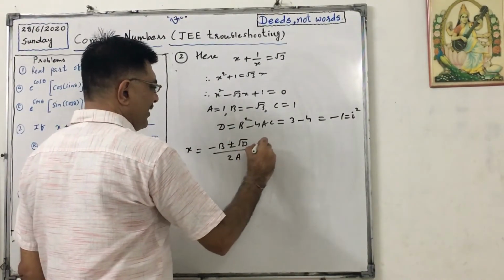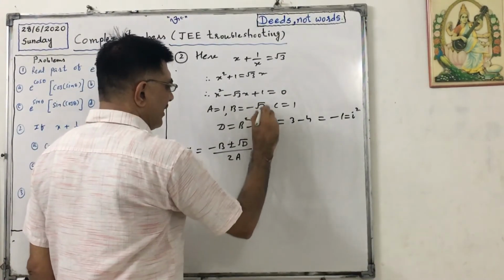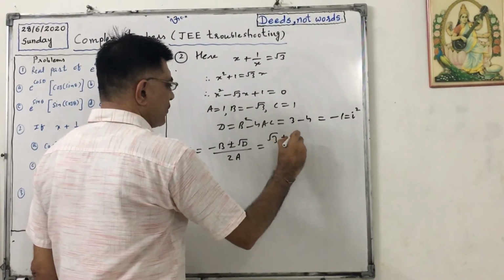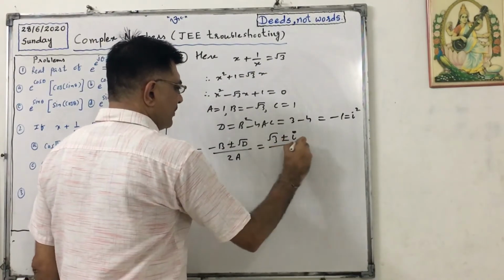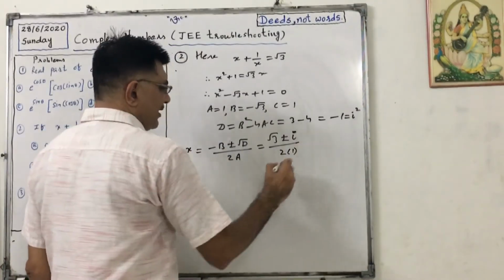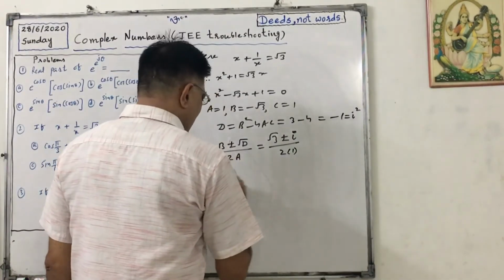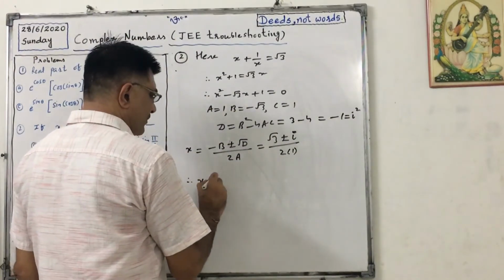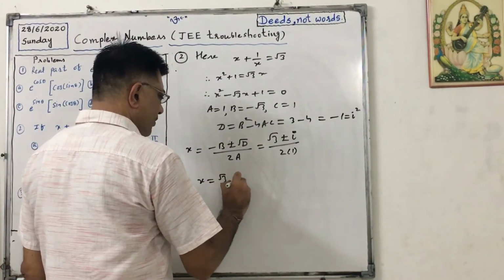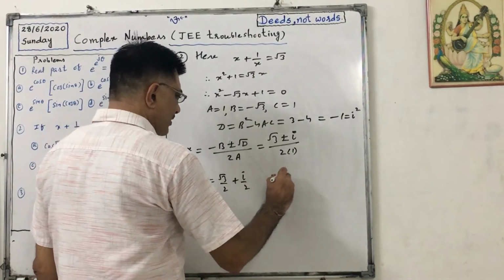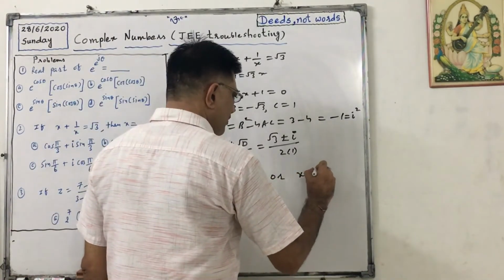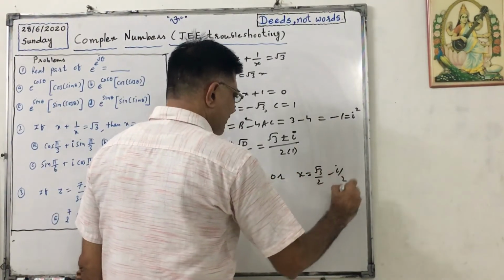We know it. So that will be minus of minus root 3, that is root 3, plus or minus root d is i, upon 2a, which is 2. So there are two possibilities: x equals root 3 by 2 plus i by 2, or x equals root 3 by 2 minus i by 2.